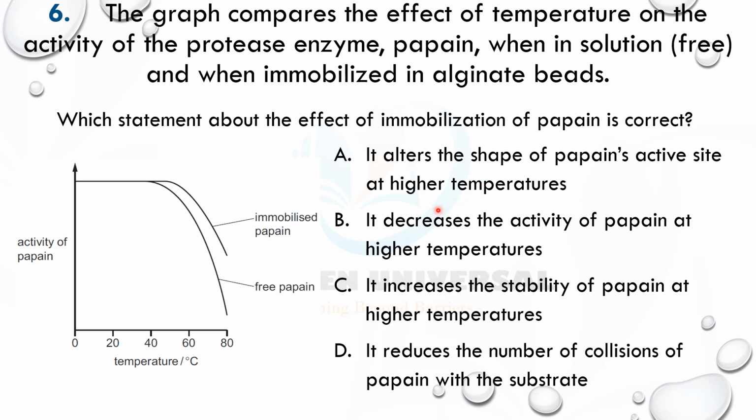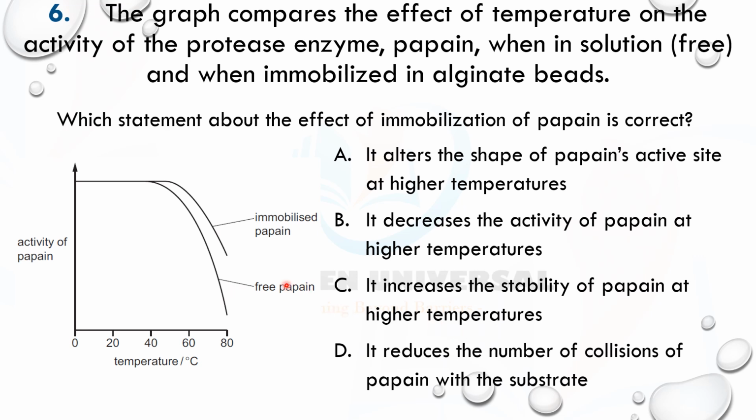We're dealing with the protease enzyme papain. So B says it decreases the activity of papain at high temperatures. No, immobilization does not give it a disadvantage compared to the free enzyme. Can you see at higher temperature, the immobilized papain still has higher activity than the free one? So it increases stability of papain at higher temperature.